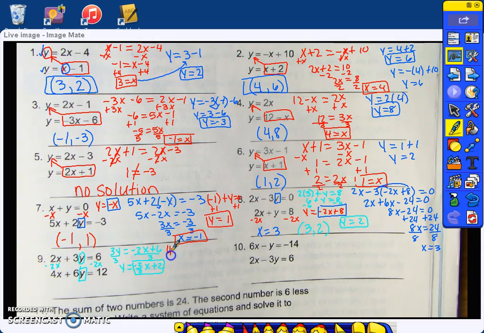That gives me 4x plus 6 times negative 2/3 x plus 2 equals 12. We need to multiply first. 6 times negative 2/3.